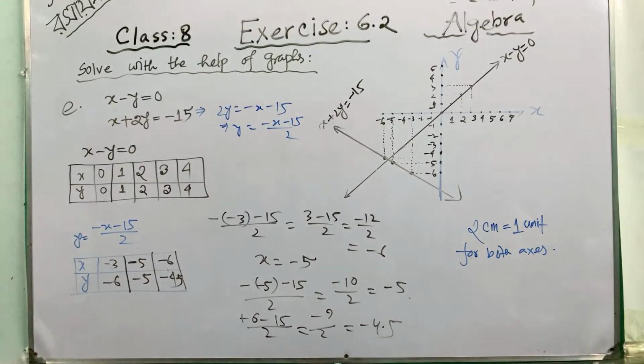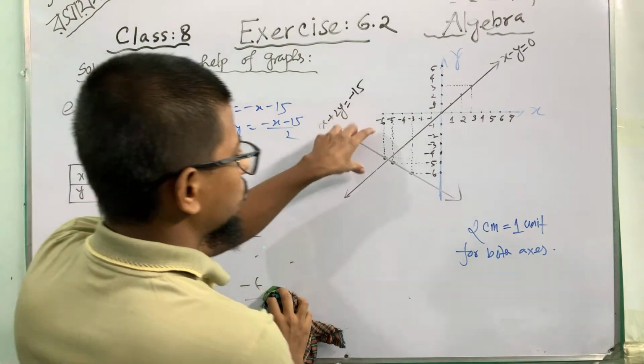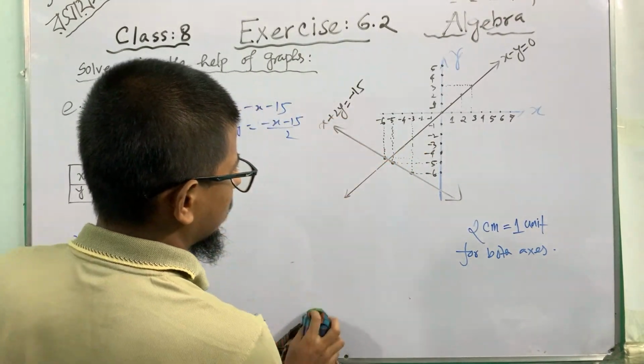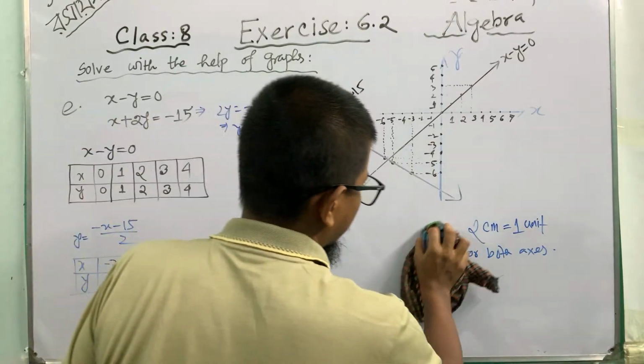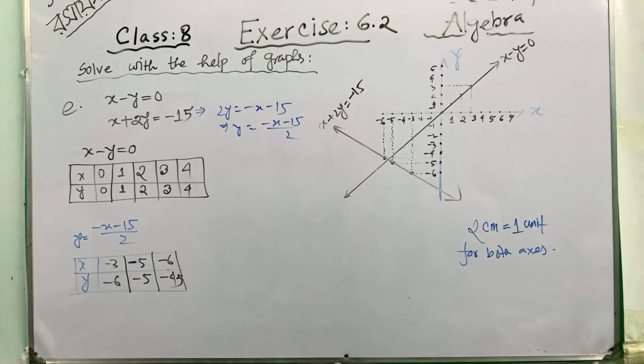Now from the graph, you can calculate the intersecting point. These two lines intersect at a point here. So when you use a proper graph, you can calculate this point absolutely accurately.